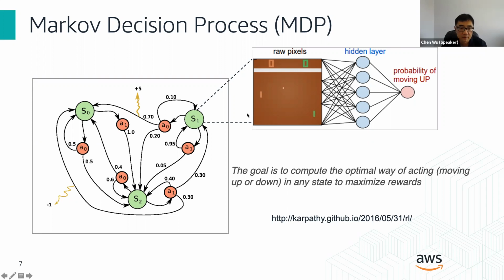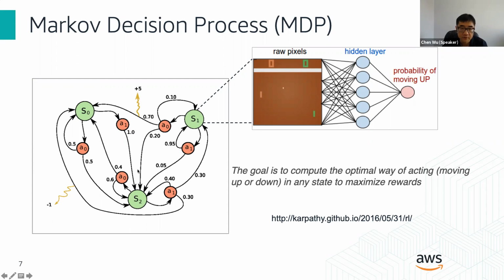So the idea is that you're taking a series of actions, and towards the end of the game, you maximize your rewards. In this case, if you end up in state S0, then you'll get 5 points. But if you go into other states, you won't get any points. And if you're in state S2 and you take action A1, there's a 30% chance you will lose 1 point.